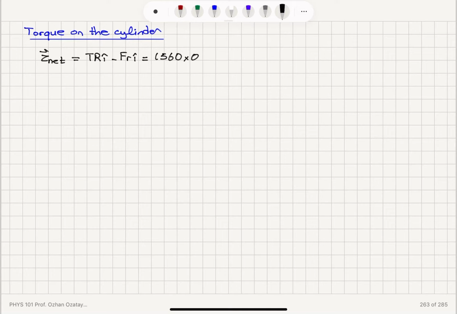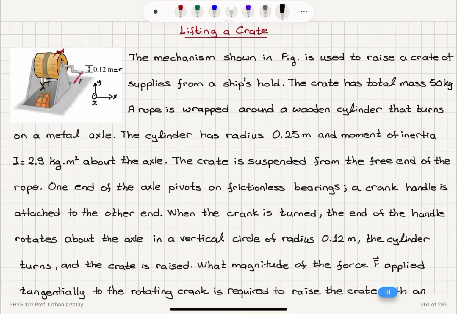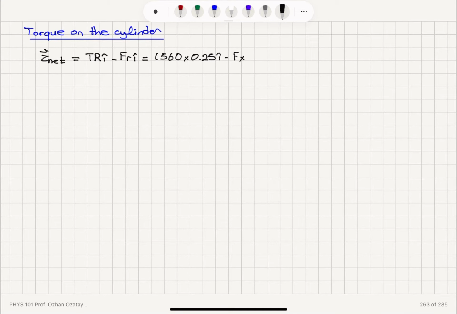The radius was 0.25, so 560 times 0.25. I had minus force F times the crank radius, the radius of the vertical circle, that's the distance between the central axis and the application point of force F, 0.12 meters. 0.12 i hat. This is equal to the net torque we have calculated, 16.24 in the minus i hat direction.